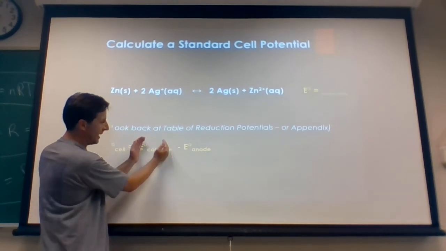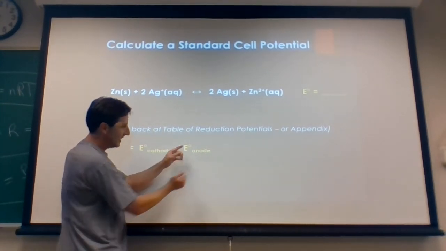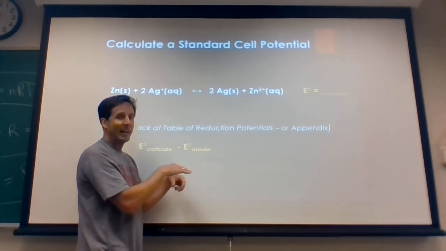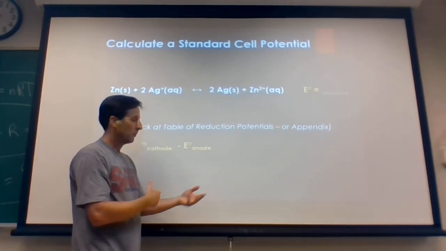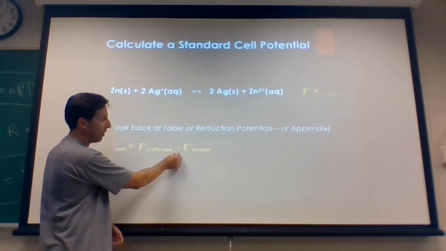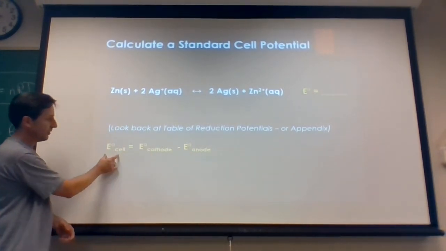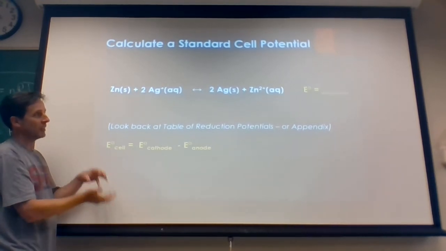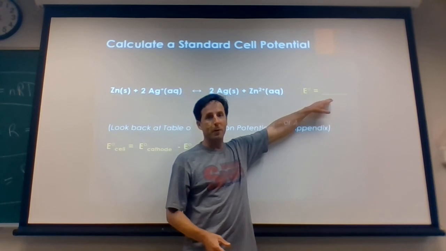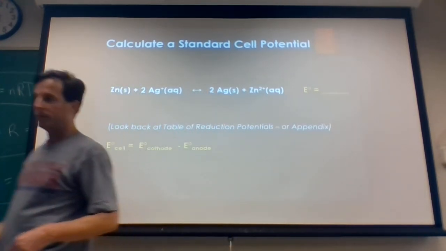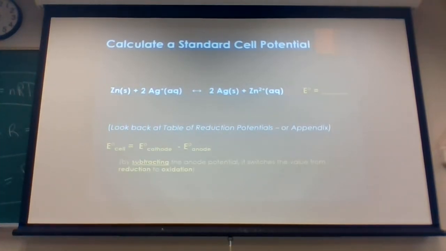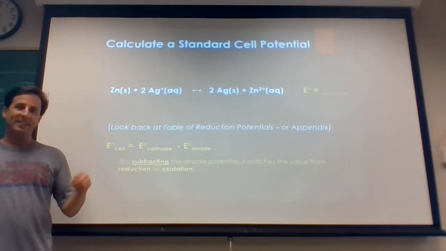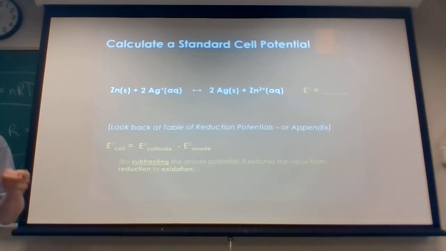So I'm going to have 0.80 minus negative 0.76. Well, if I do minus and negative, that's where my sign gets changed. It's going to be 0.80 plus 0.76, which is going to be 1.56. So the E naught for this reaction should be 1.56 volts. And the key there, by subtracting the anode, that changes the sign for you. Don't change it twice.